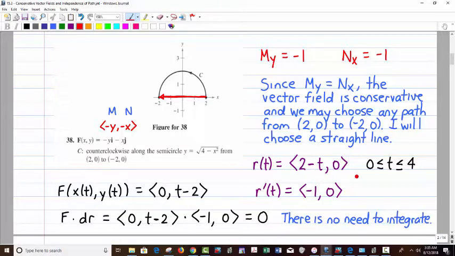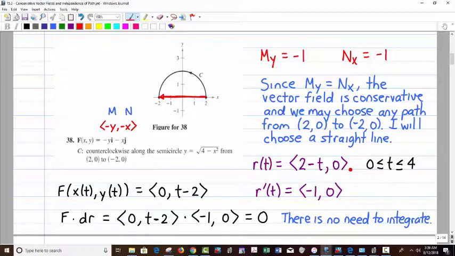I know I'm starting at 2, 0, my first point. So if I go from 0 to 4, obviously you can play around with the numbers till you get it to work right. If I put 0, I need this to be a 2 because 2 minus 0 gives me this 2 here. And when you put 4 in there, 2 minus 4 would give you that negative 2. So that's a correct parameterization for that straight line.